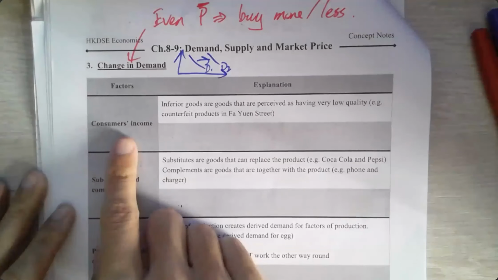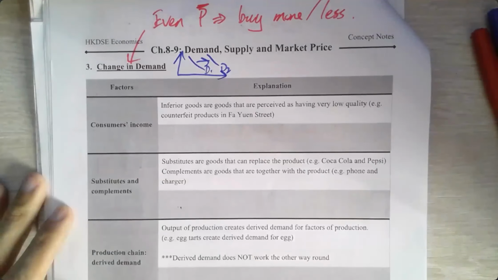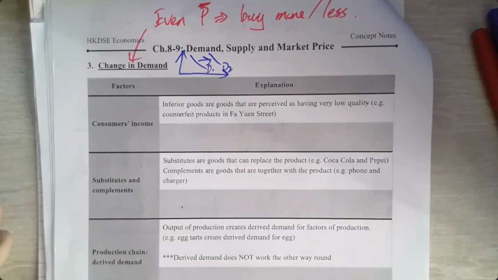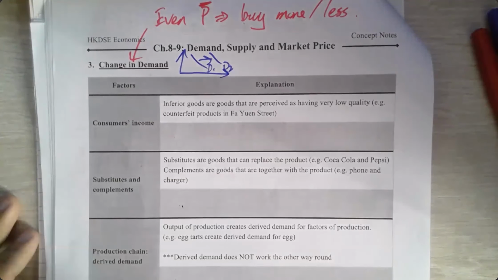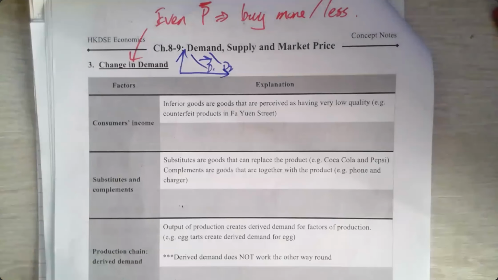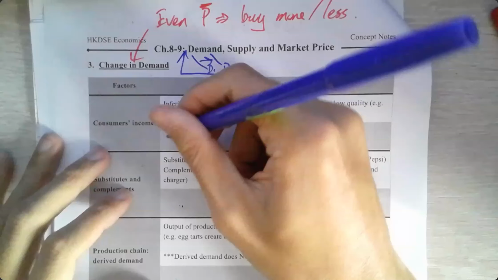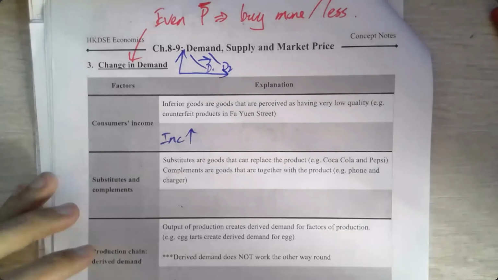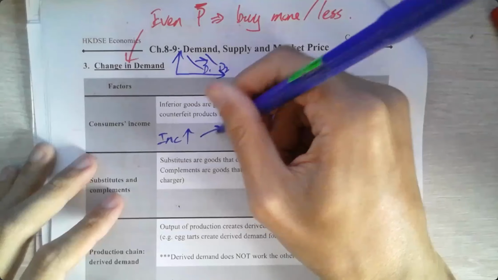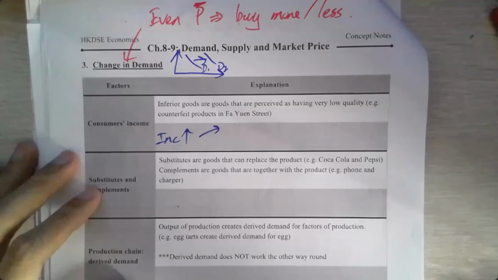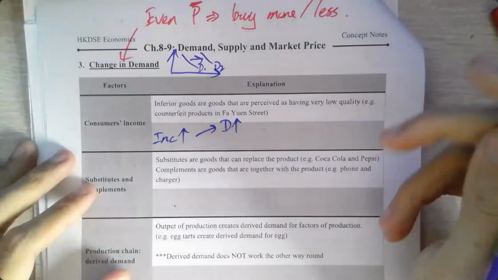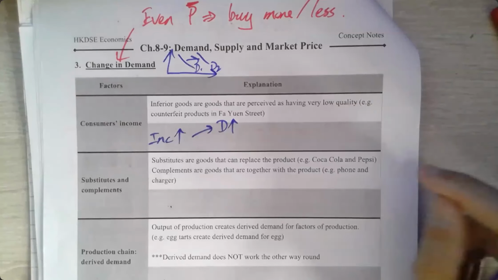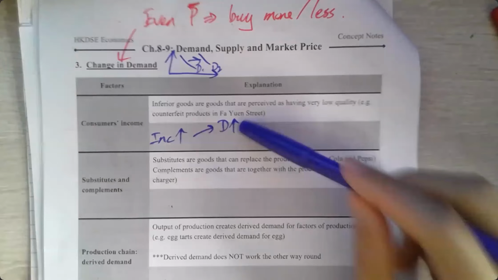For example, consumer income. How much money we have will affect our consumption. Here we have two ways to go. Let's say income increased. Now I have more money, and normally speaking, my demand for a good would increase. Even if it doesn't get cheaper, I'll still buy it. This is a normal way.